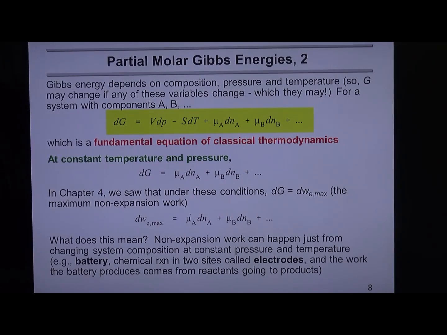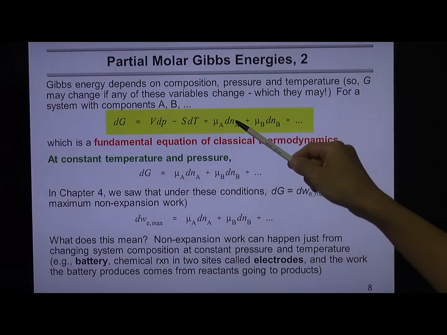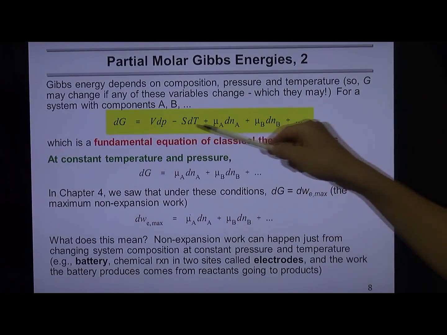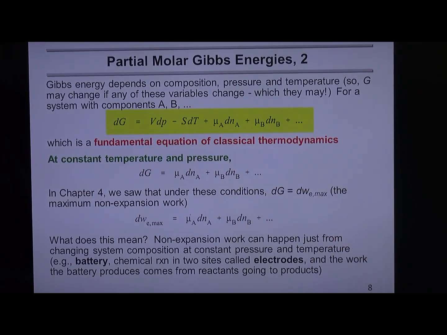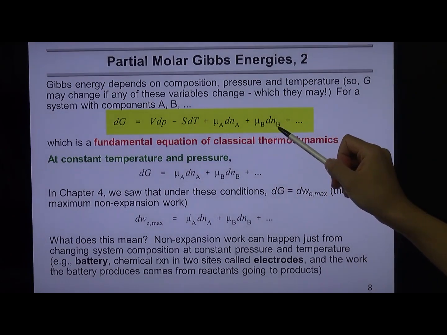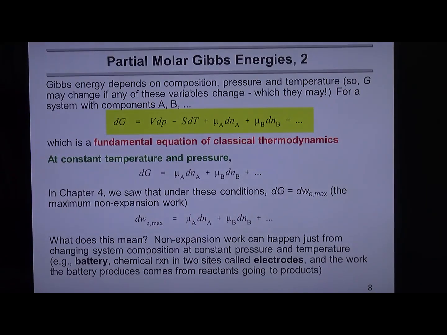Now we know that if you change the composition, if you change the amount of materials, that also changes total Gibbs energy. Okay? So we can get this expression. dG is equal to VdP minus SdT plus mu A dNA plus mu B dNB plus etc., if there are many different substances in a mixture.